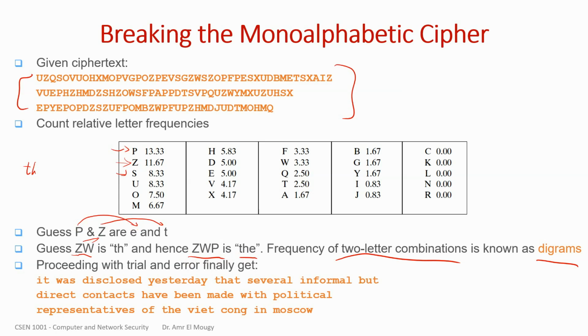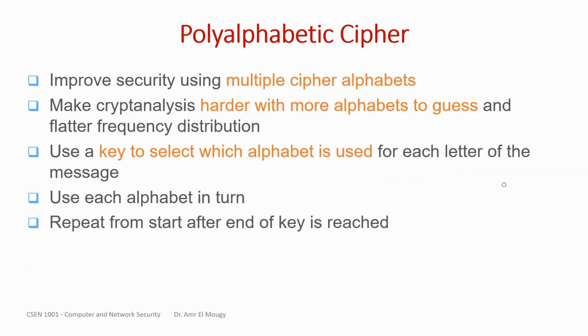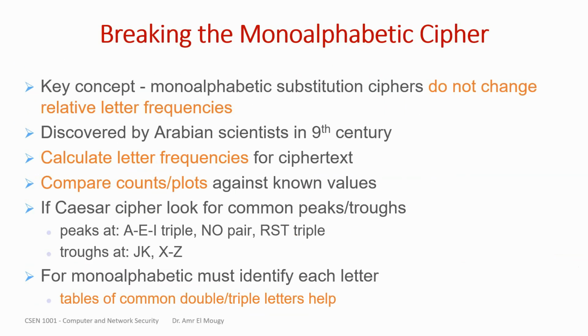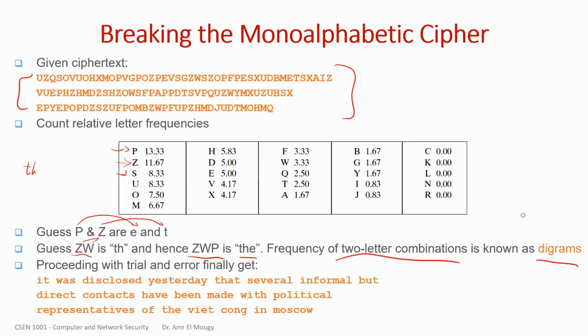And you can keep going. You can look into digrams, you can look into trigrams, and you keep analyzing and you keep guessing. Once you decrypt a letter, you can decrypt it in the entire ciphertext, all the occurrences. Once you decrypt a digram, you can replace it anywhere in the text, and you keep going until you are able to break this phrase.